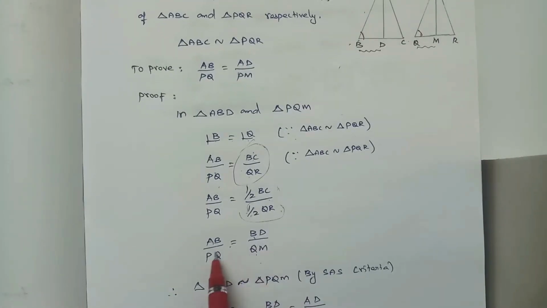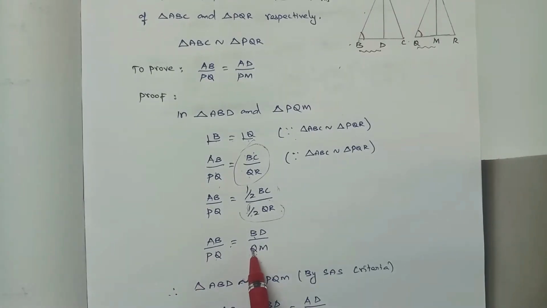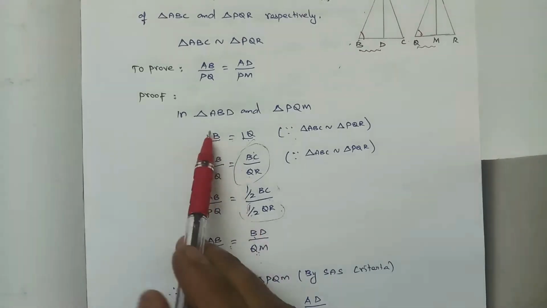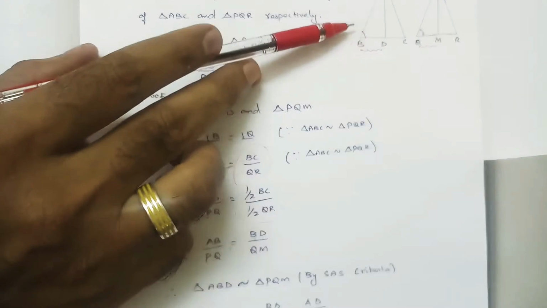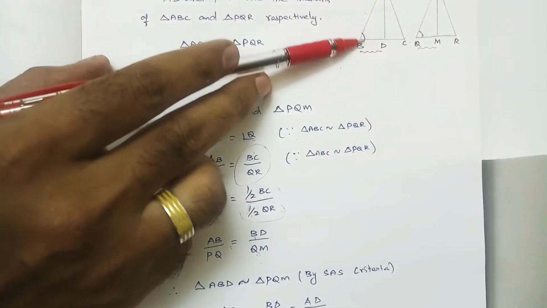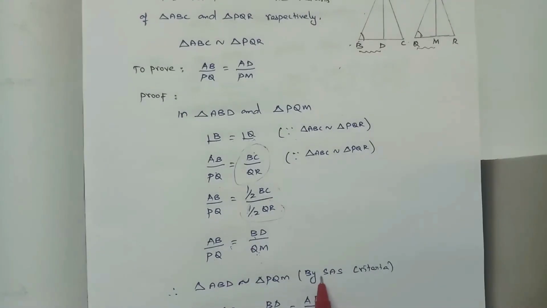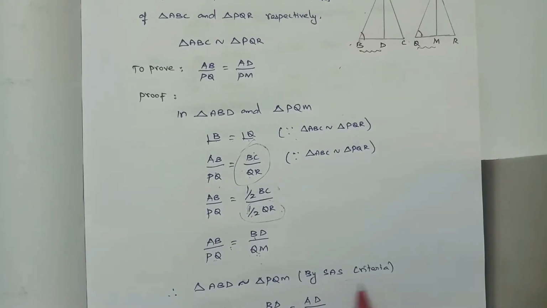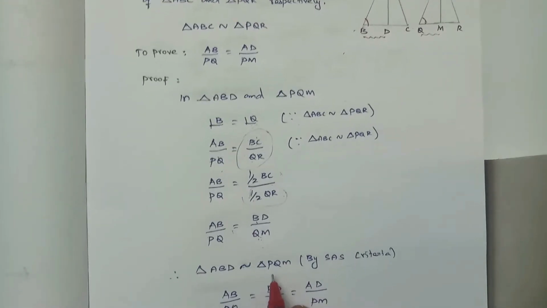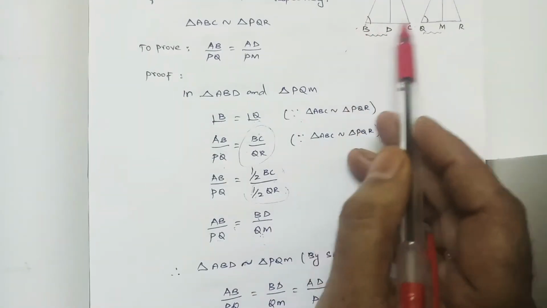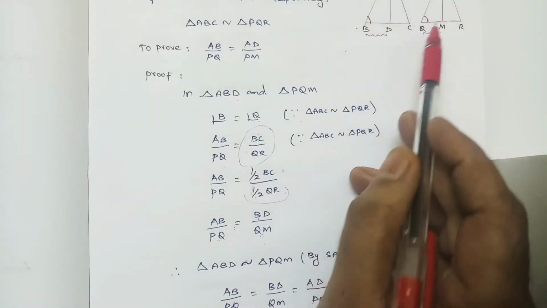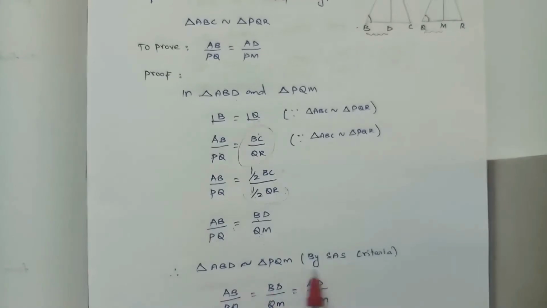If these two ratios are equal, AB by PQ is equal to BD by QM, and the angles are equal, then we can say side, angle, side. By the SAS property, triangle ABD and triangle PQM are similar.